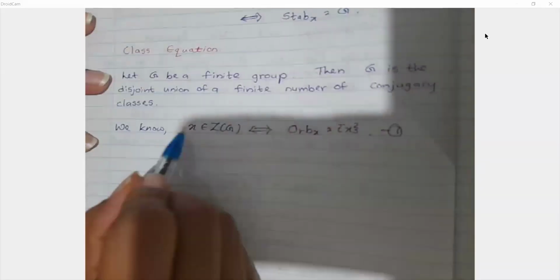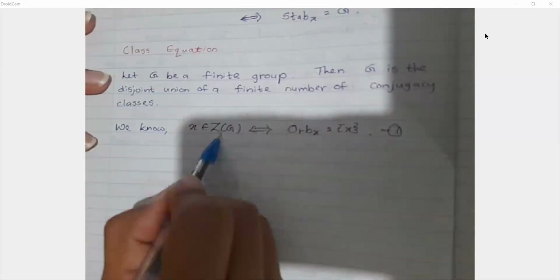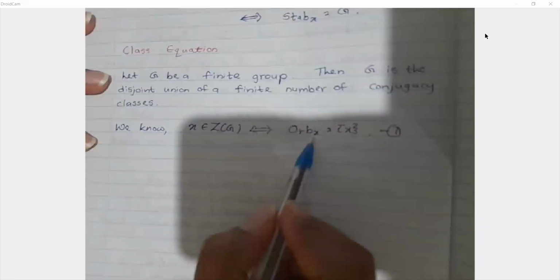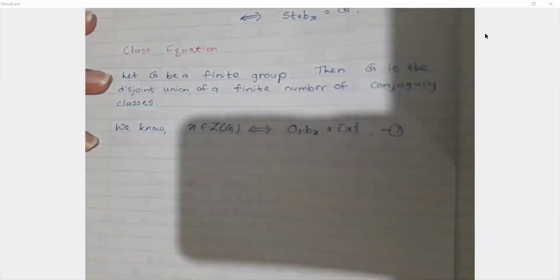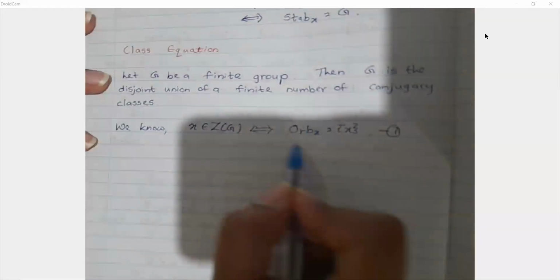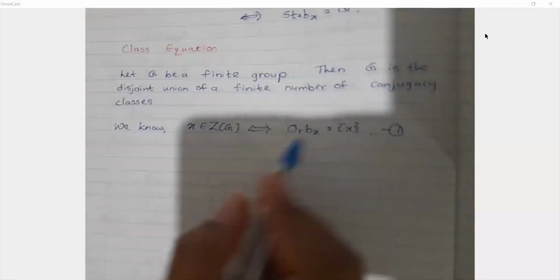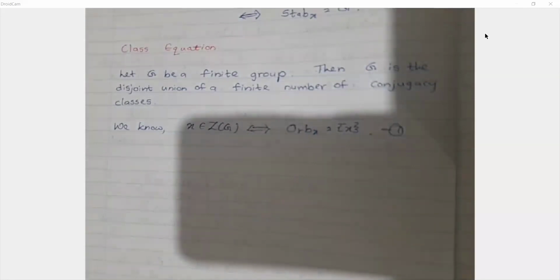When X is taken from the center, the orbit of that particular element is simply the singleton set. On the other hand, if the orbit of an element contains only that element, that means the element itself belongs in the center of G because it's an if and only if statement. So what does it tell you? Every element that you take from the center is in the conjugacy class containing just that element, right?